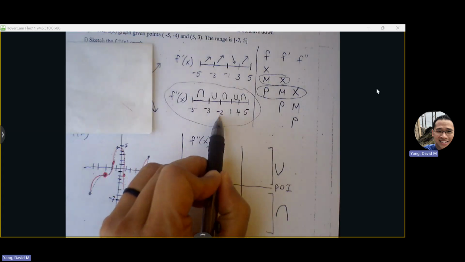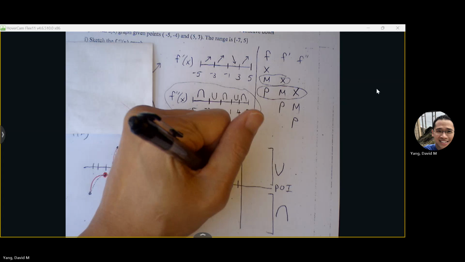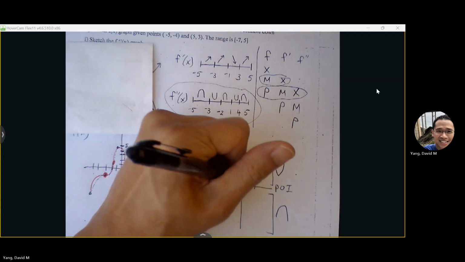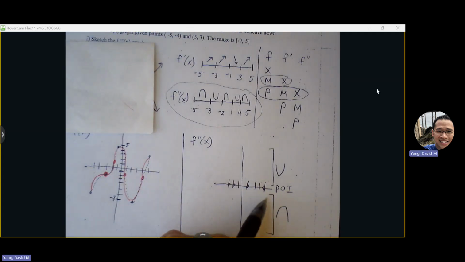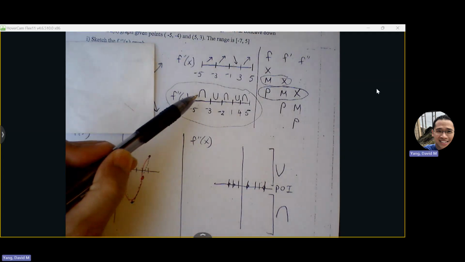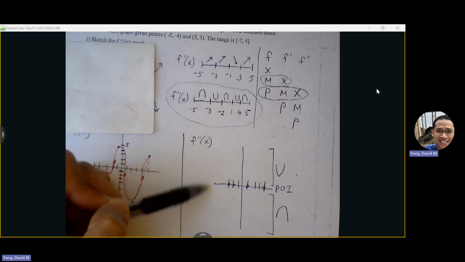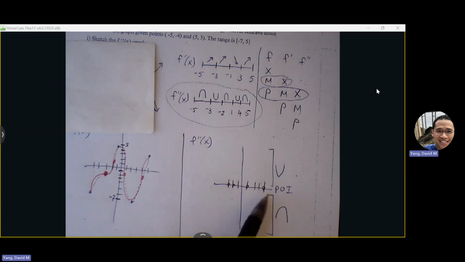So we have our critical points, -3, -2, 1, and 4. And you're just threading between these points. And we're going to be told where to start. We're going to start below the x-axis, and we're going to go above, then below, then above, then below. And we're just going to go through those points.